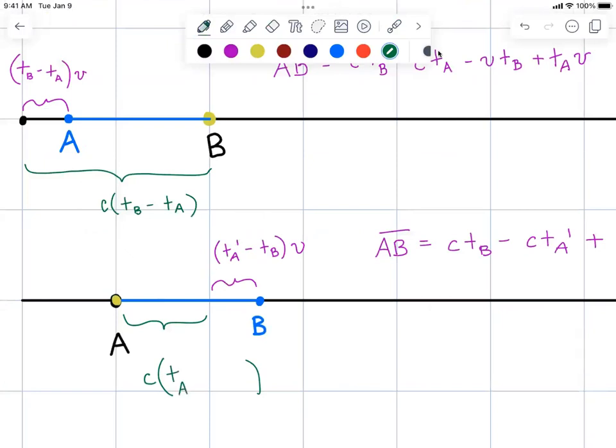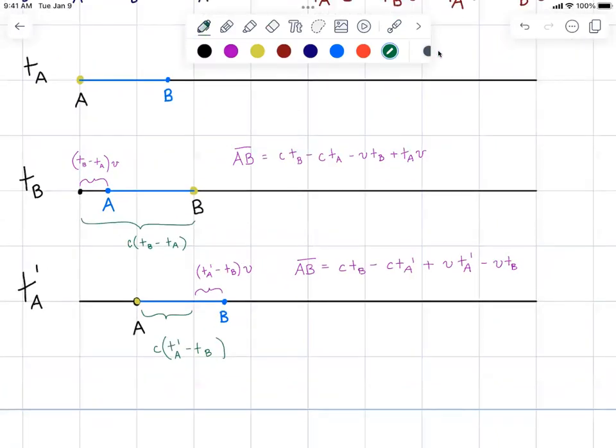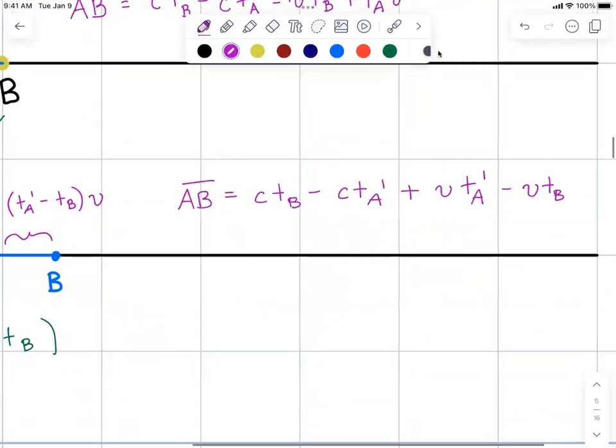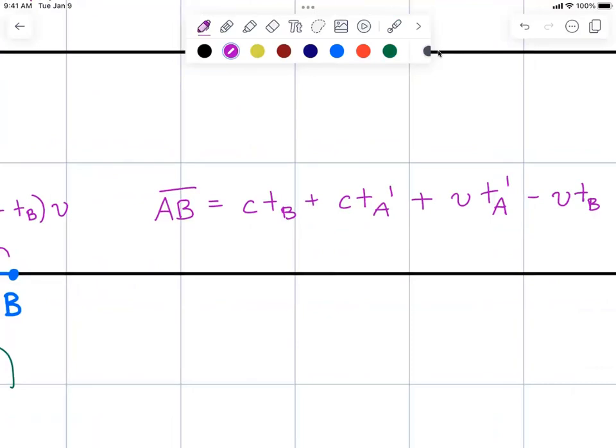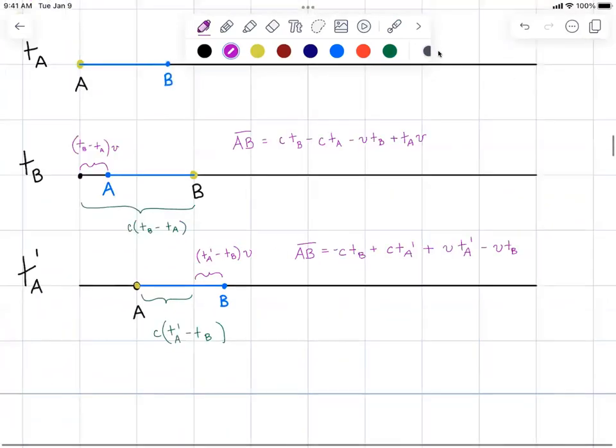TA prime minus TB, so that we get a positive distance instead of a negative distance, which doesn't make any sense. So that makes our negative C TA prime a positive. So basically any term with C becomes a negative of what it was. Sorry about that.